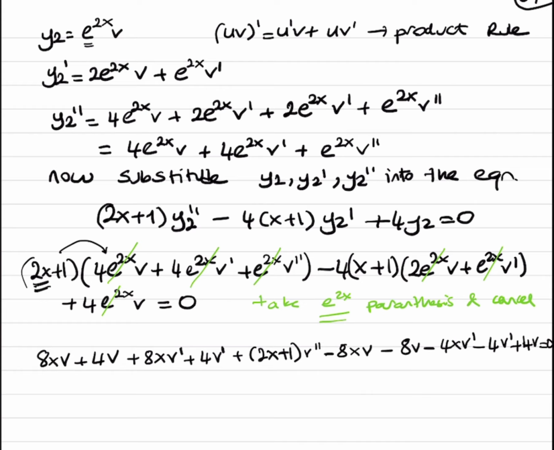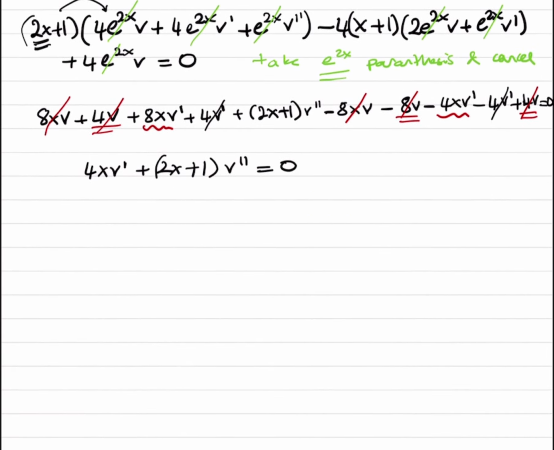Let's see what we have. So we have 8xv minus 8xv, so we have 4v here, minus 8v here, 4v here, all will cancel. So we have 8x v prime minus 4x v prime. We are left with 4x v prime, and this also will cancel for v prime minus 4v prime, plus we have (2x plus 1) v double prime is equal to 0.